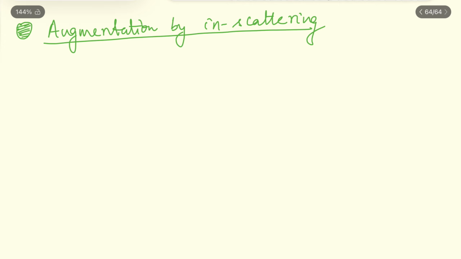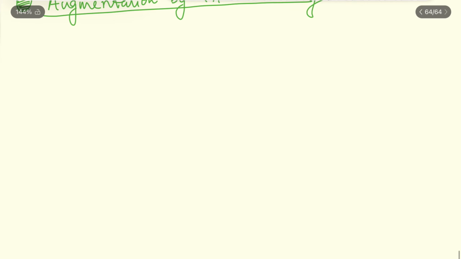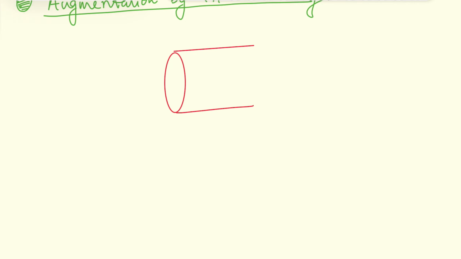Again I will consider the same control volume. Let me first draw the control volume. So again this is ds.